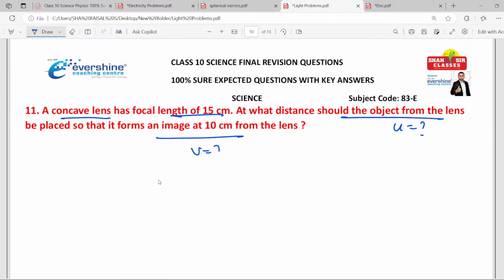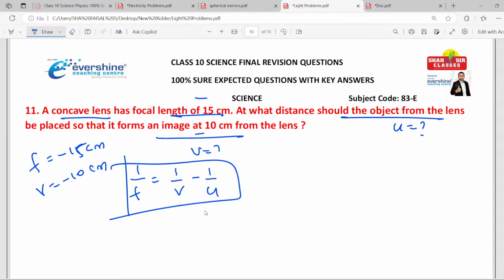Will you try? First write the formula: 1 by f equals 1 by v minus 1 by u. Here the focal length you should take negative, and the image distance also negative: f is minus 15, v is minus 10 centimeter. Substitute these values in this formula and you'll get the value of u as minus 30 centimeter.